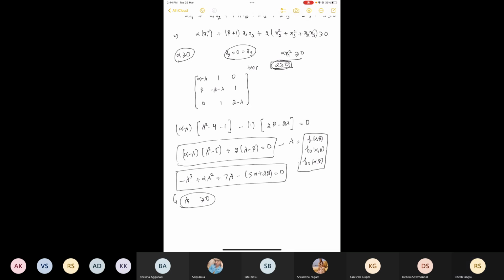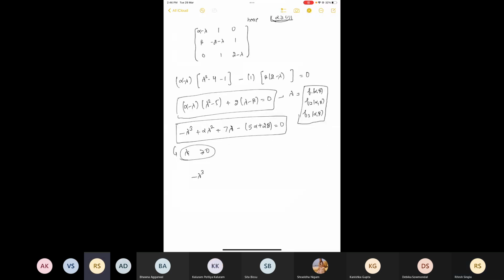Okay, but just a second. It is minus lambda q plus 5 lambda, right? Plus lambda square alpha minus 5 alpha minus 2 beta plus beta lambda, right?